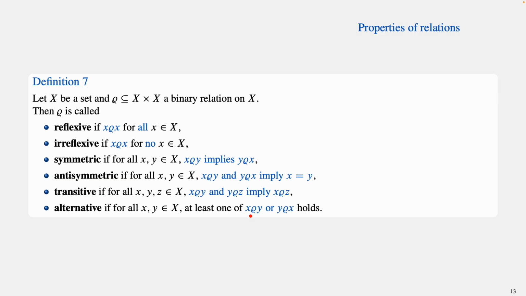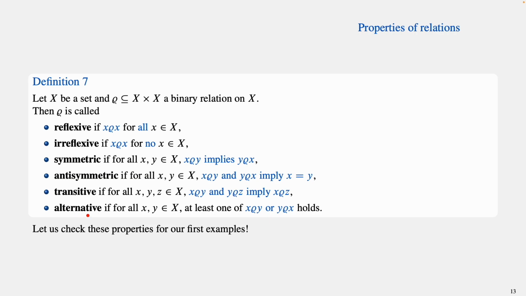So any two elements are related in one way or the other, possibly both, but that's not required. It's just required that either X is related to Y or Y is related to X. That's what alternative means.